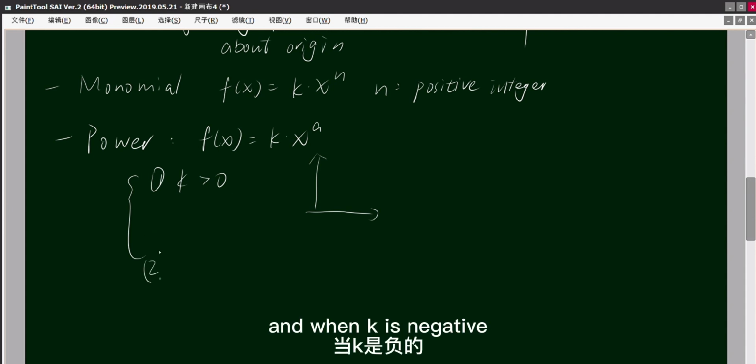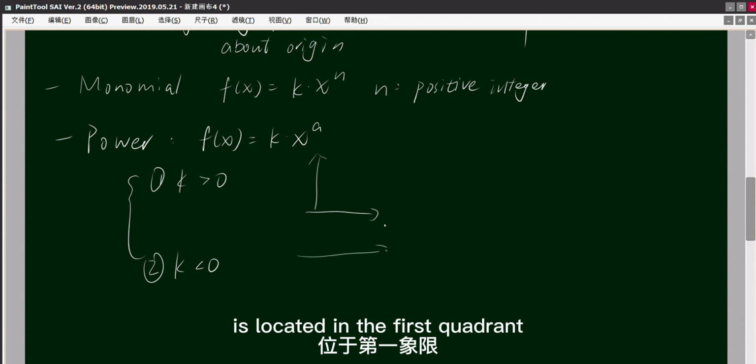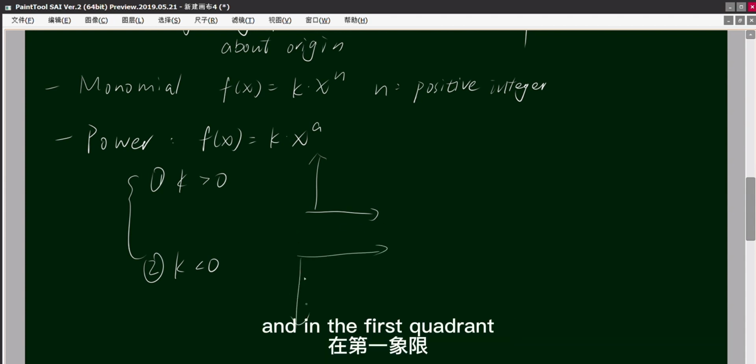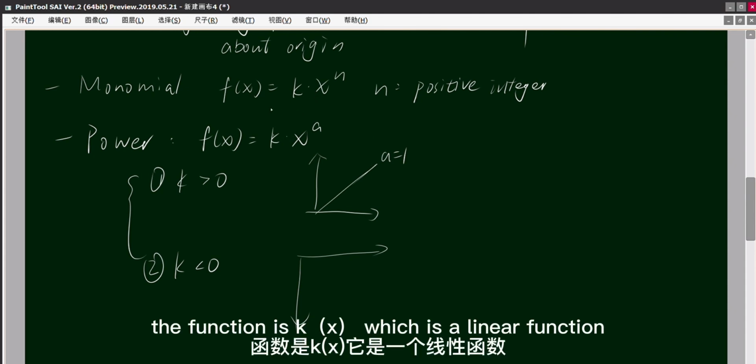And when k is negative, it's located in the fourth quadrant. And in the first quadrant, when a equals 1, it is a linear line, because when a is 1, the function is kx, which is a linear function.